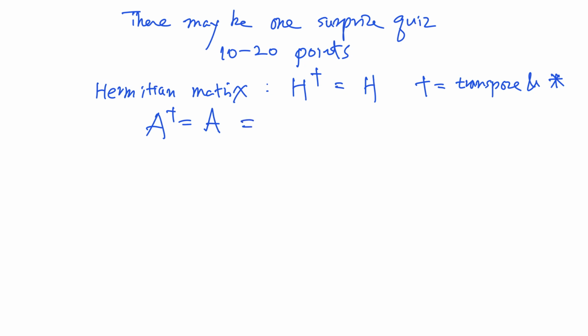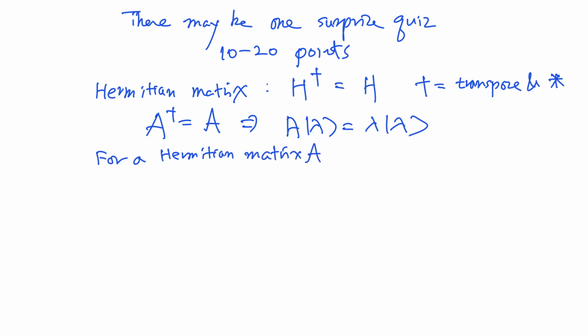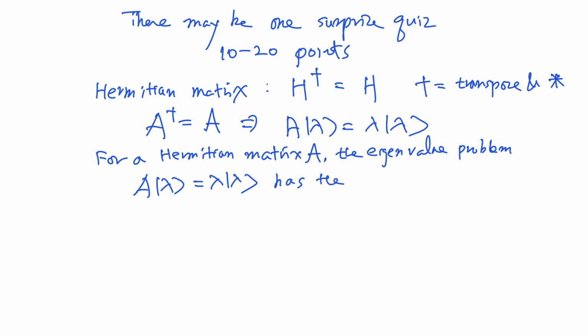For a Hermitian matrix A, the eigenvalue problem A lambda equals lambda has the following properties.